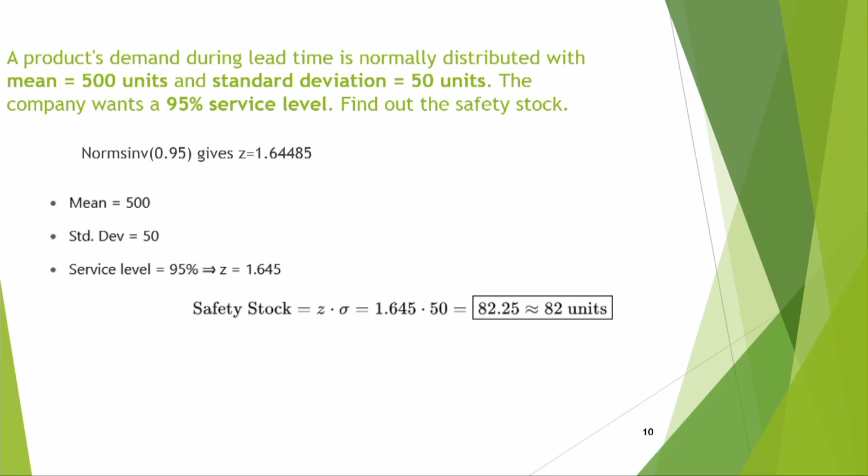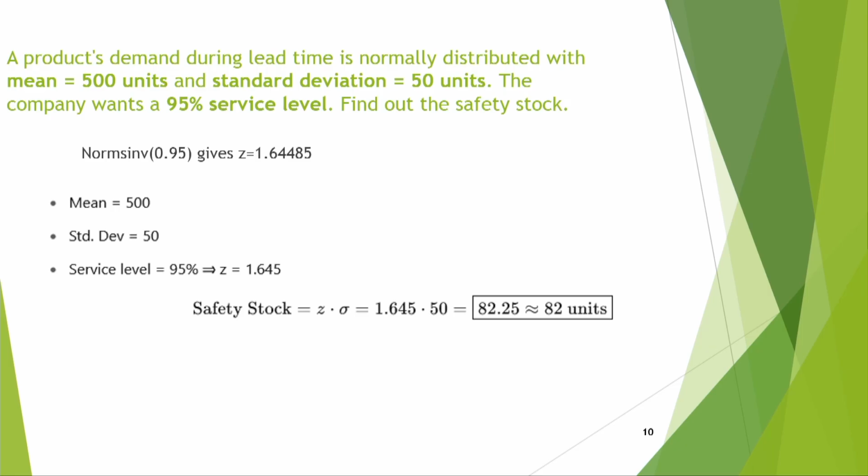Let us do the other problem. A product's demand during lead time is normally distributed with a mean of 500 units and a standard deviation of 50 units. The company wants a 95% service level. Find the safety stock.